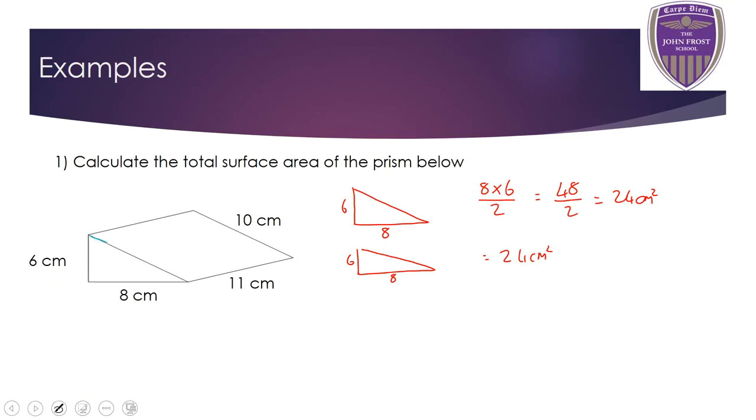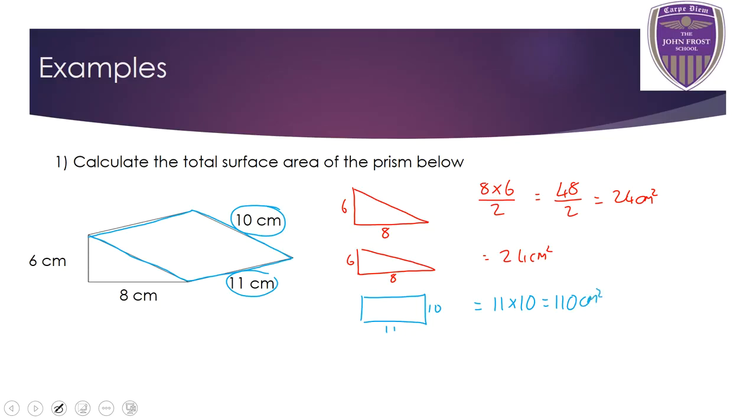Well, the other one we can actually see in the picture is this one here, and it's a rectangle. And if we have a look along this length here, it's 11 centimeters, and along this length here, this side is 10 centimeters. So we would want to be finding the area of that rectangle. So remember, length times width, it'll be 11 times 10, which is 110 centimeters squared.